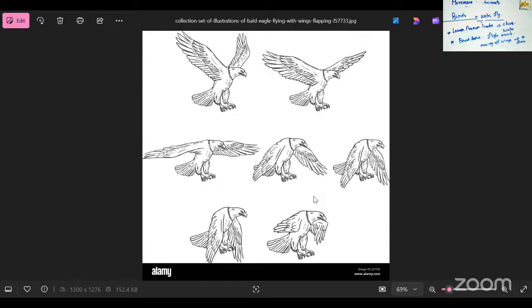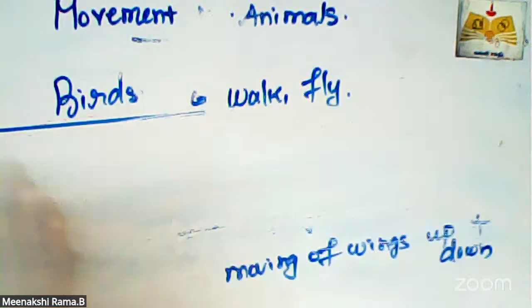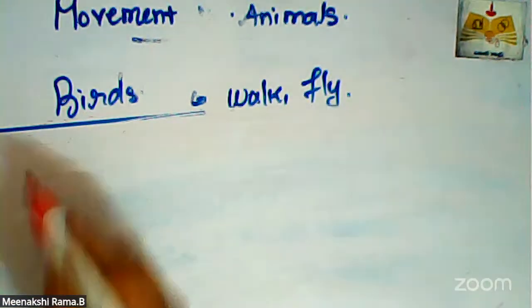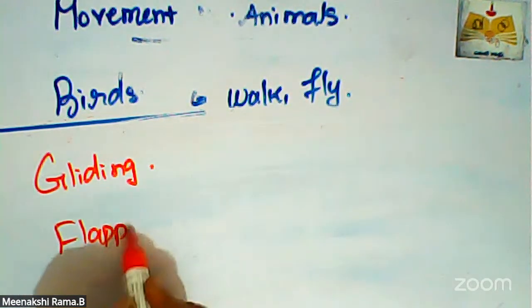Gliding means the bird has the wings spread out and uses air currents for going up and down. The second one is flapping. Flapping means it is an active flight. The bird beats the air by flapping its wings. They use the flight feathers for that purpose only. So this is called flapping.